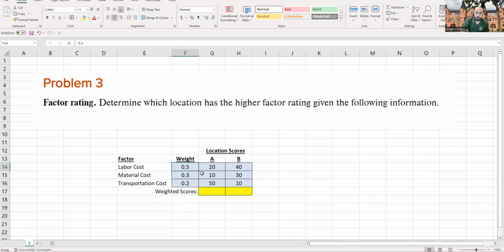So my prediction is that B is going to come out ahead by virtue of it being higher on the one we care about more, but let's find out.